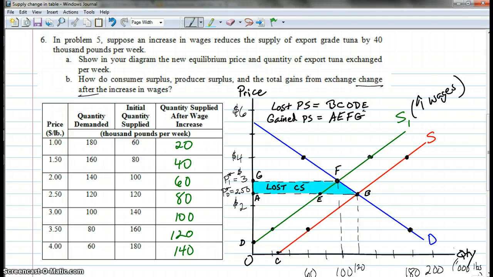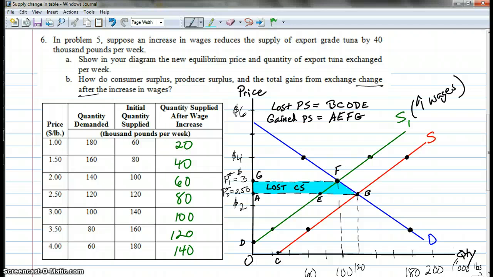And if we were to characterize the new producer surplus, it would be, of course, area DGF.